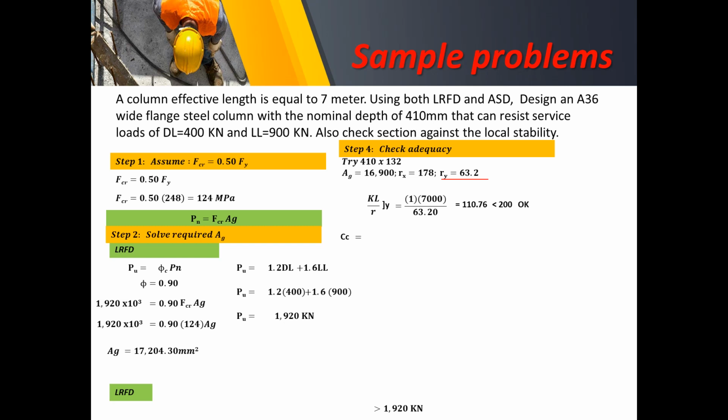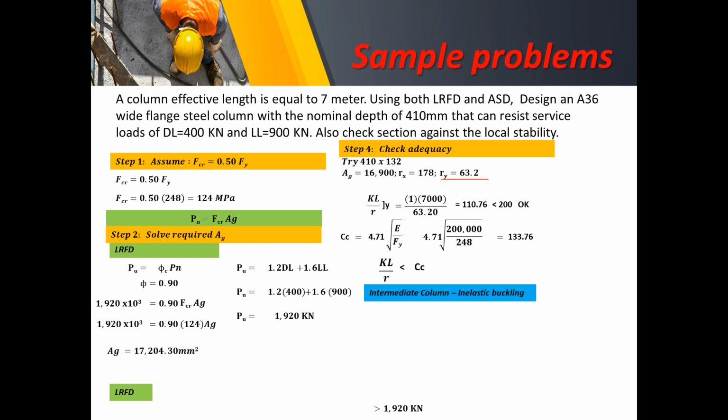So again, Cc will be computed, and I think this will not change. We have 133.76. So KL over r is still less than your Cc.